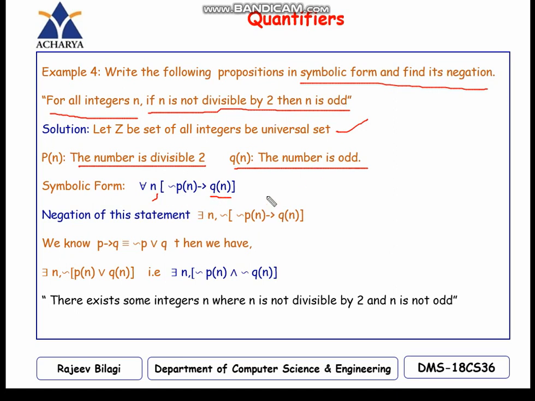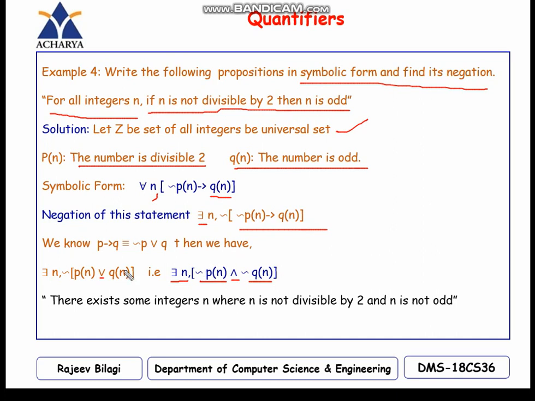So for the negation of this particular statement, for all becomes for some. Then negation of this: we know that P then Q is negation of P or Q. If I apply that here, for some n, this becomes negation of P of n, or becomes and, then negation of Q of n.